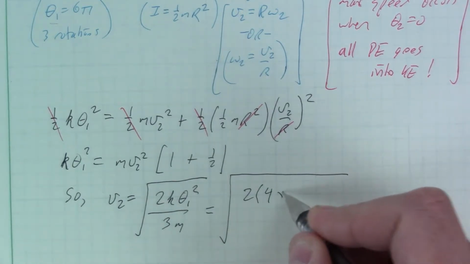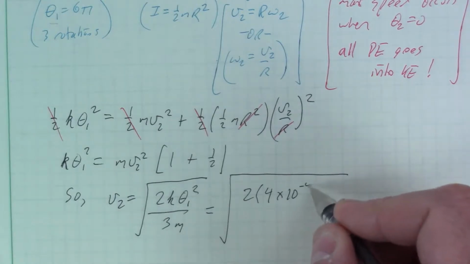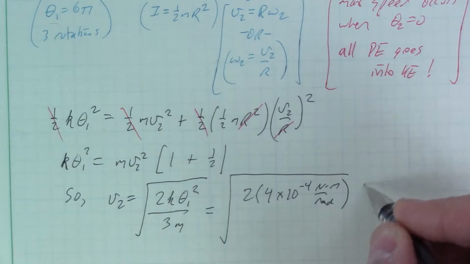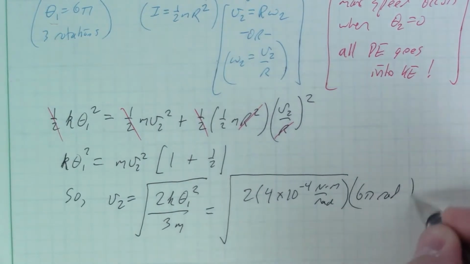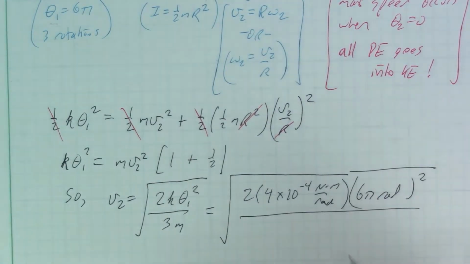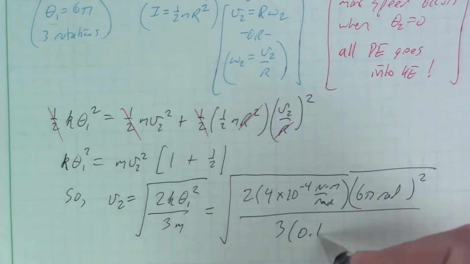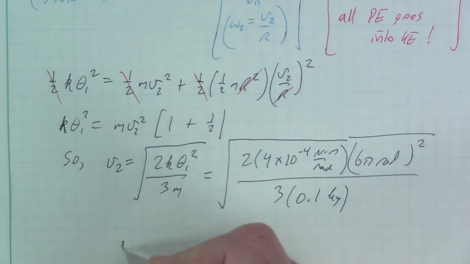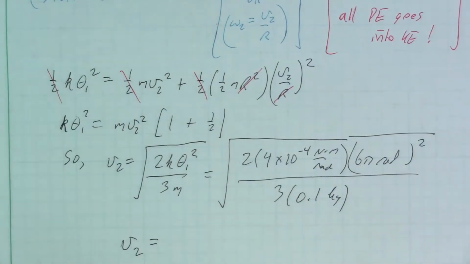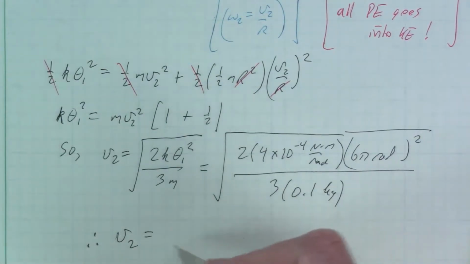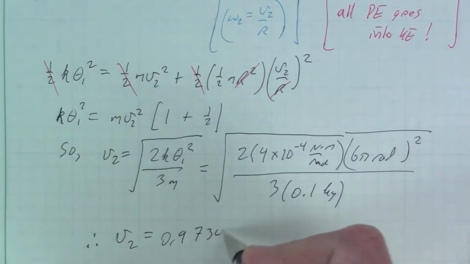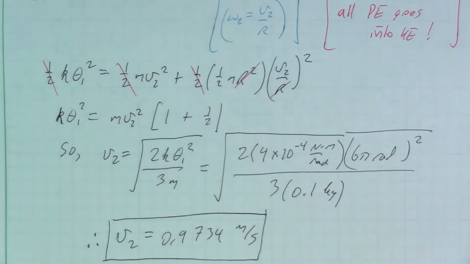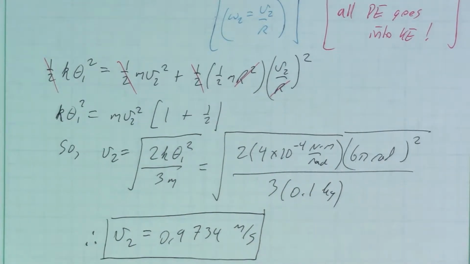K is given in the problem statement as 4 times 10 to the negative 4th newton meter per radian. 6 pi radians, squared, for theta 1, over 3 times 0.1 kilogram. Plug all that in, we get a max velocity of 0.9734 meter per second. Okay, another practice of a torsional spring. All right, so a good one to start with.